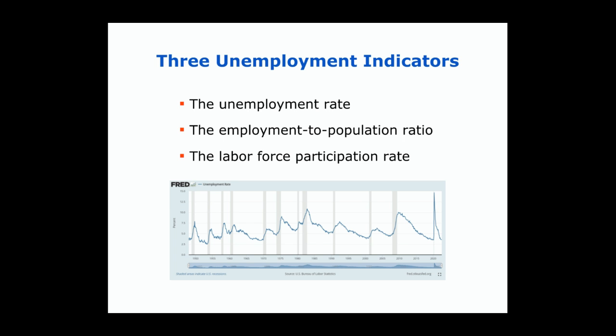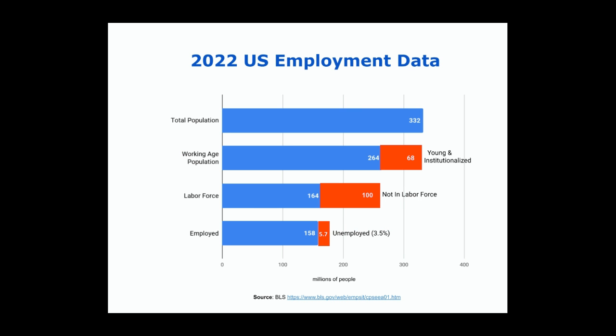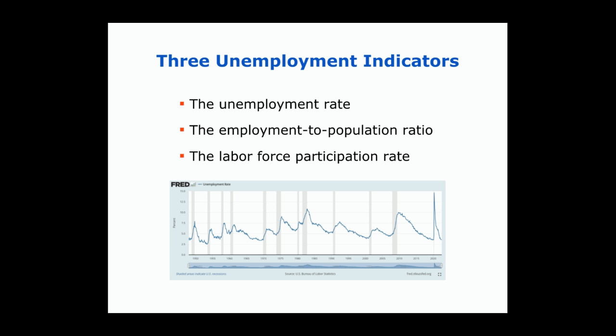So what we just talked about, this unemployment number here, the 3.5%, that's the standard unemployment calculation that the Bureau of Labor Statistics uses. It's called U3, unemployment 3, by the way. But there are other ways that we can calculate these rates. We can also calculate the employment to population ratio.